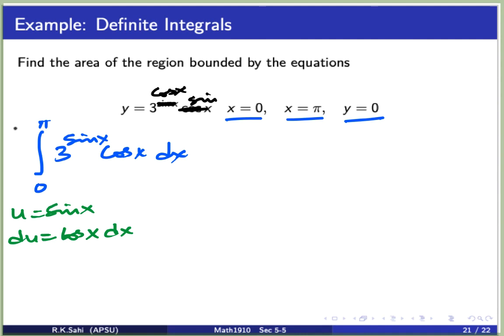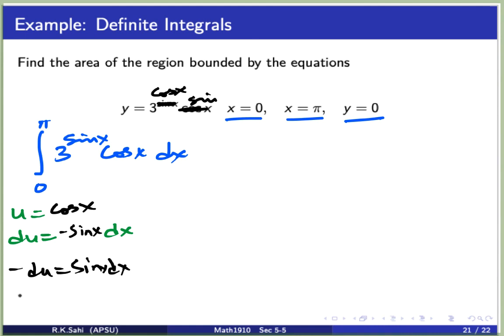Okay, so let's redo the u substitution. My u is cosine x and du is minus sine x dx, or minus du is sine x dx.